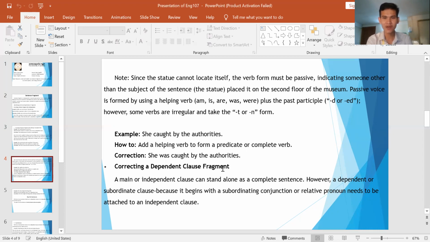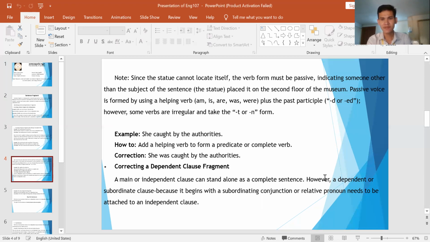It doesn't have the complete thought. A main or independent clause can stand alone as a complete sentence. Different from dependent, which cannot stand alone, independent can stand alone. It means that independent has the complete thought that we call a complete sentence.